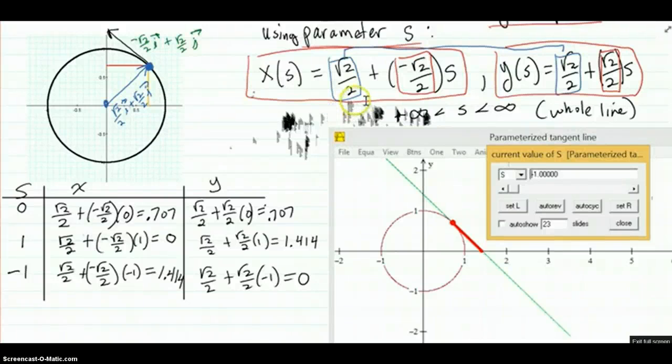Stopping here at negative 1, s is negative 1: square root of 2 over 2 plus square root of 2 over 2 times negative 1 comes out 0 for y, and x is square root of 2 over 2 minus negative square root of 2 over 2, which is square root of 2, 1.414. So we should be at the point square root of 2, 0, and that's exactly what it looks like we're at. So the parameterization of the tangent line is working.